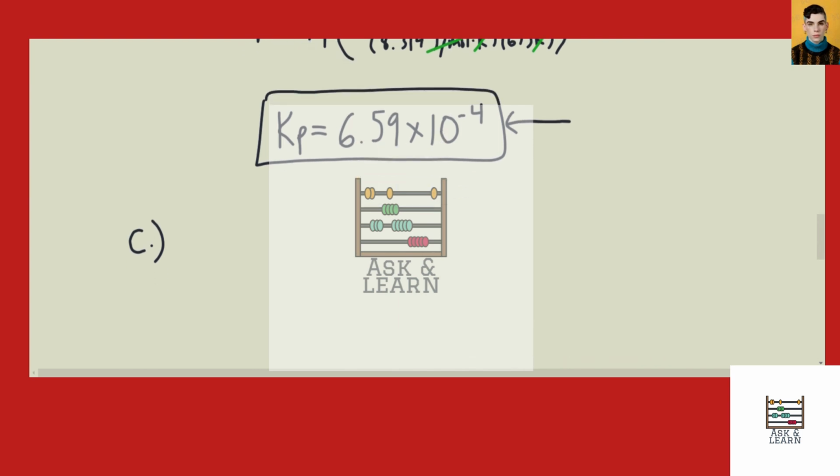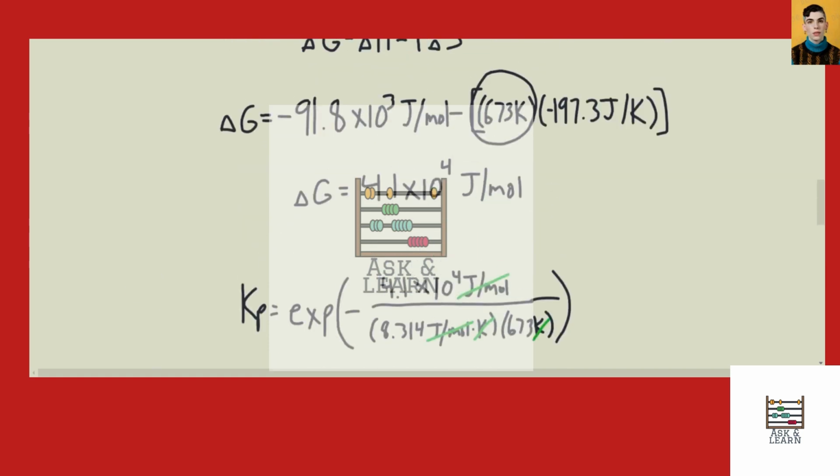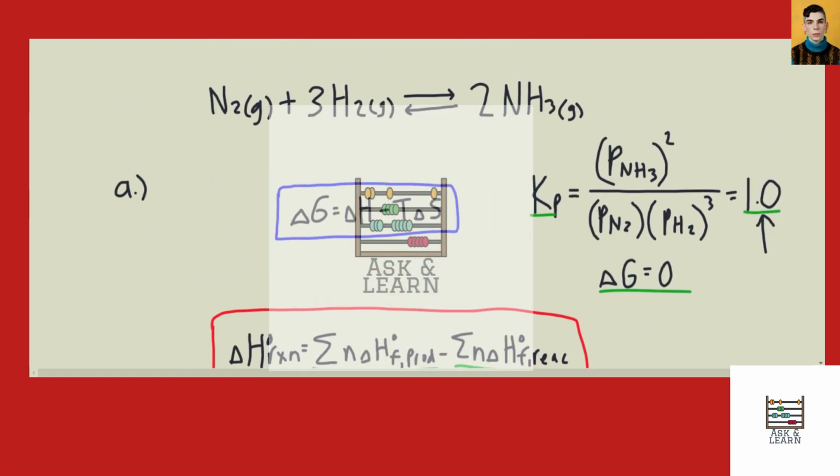And when K is less than 1, it means that the reactants are favored. So when we run this process at high temperatures, or at least temperatures above 465 Kelvin when this process is at equilibrium, because this reaction is reversible, the reactants of N2 and H2 will be favored to establish equilibrium.